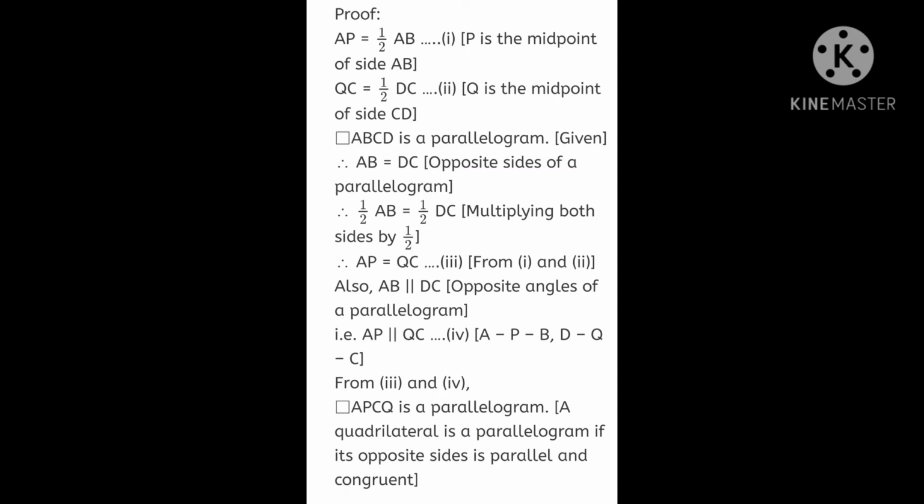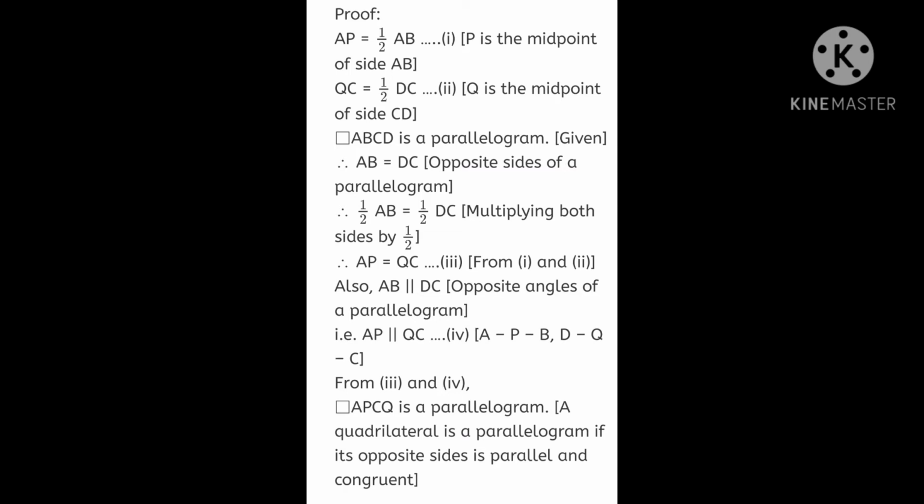Now, as the quadrilateral ABCD is a parallelogram, so therefore side AB is parallel to CD, opposite sides of parallelogram. So therefore as AB is parallel to CD, AP is also parallel to QC, because points P and Q lie on the same line of the side of parallelogram.